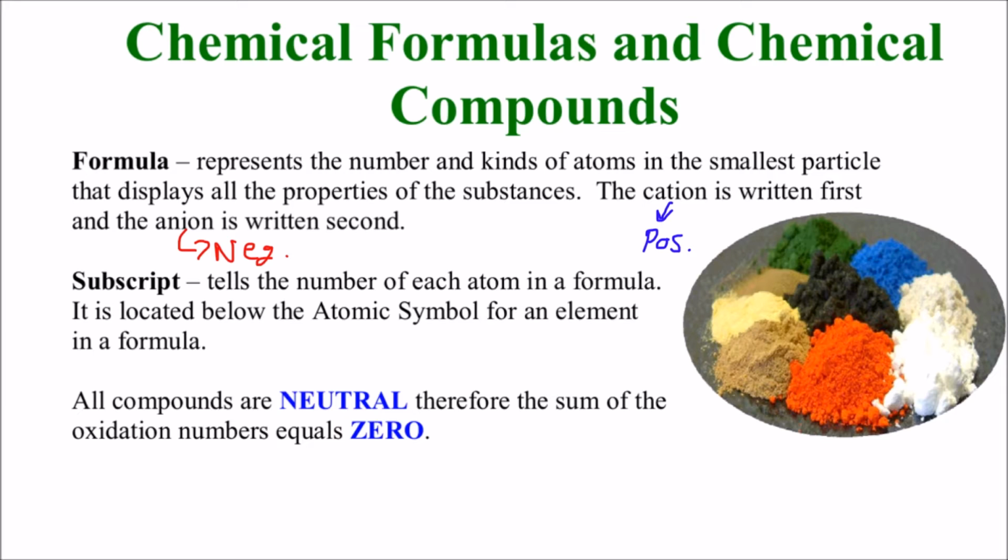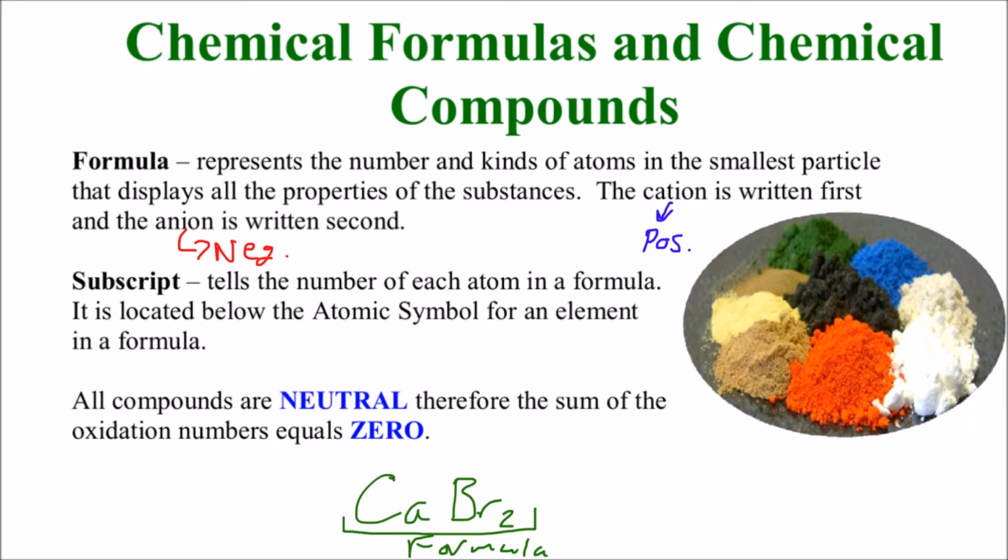So let's just take a look at an example here. I'm going to do an example formula for us. Okay, so this whole thing right here is a chemical formula. Alright, now the calcium is the cation because the cations are always written first, and the bromine is the anion because anions are always written second.